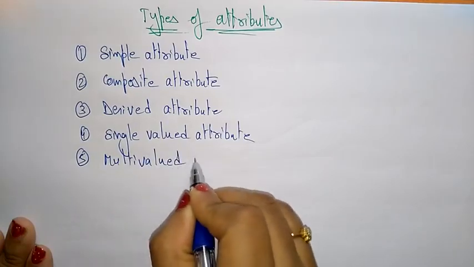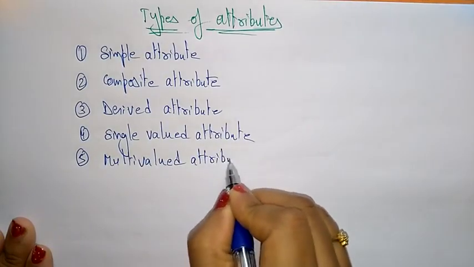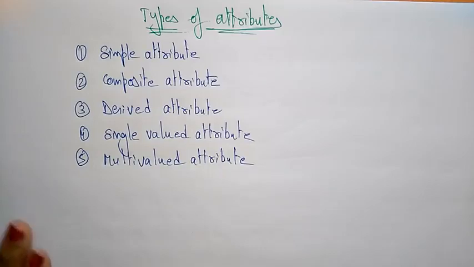So these are the different types of attributes. These attributes will be represented with their respective symbols. So let us see the first one, simple attribute.